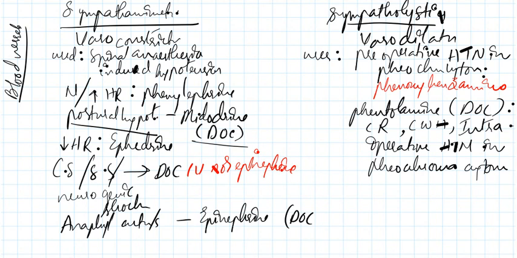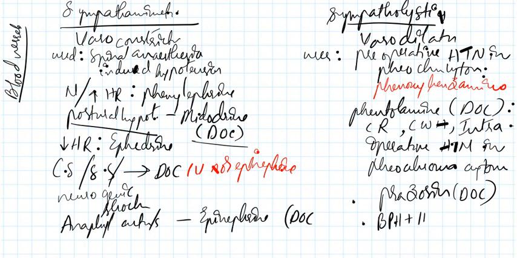Okay. Now we have one more drug, prazosin, which is the drug of choice in scorpion bite induced hypertension or pulmonary edema. Then, if the patient has benign prostatic hypertrophy with hypertension, you can give terazosin or doxazosin.